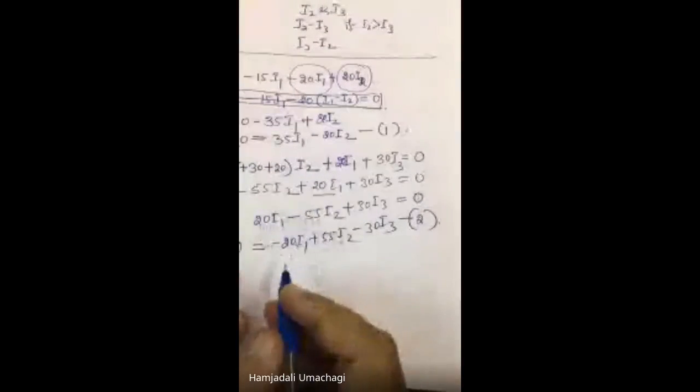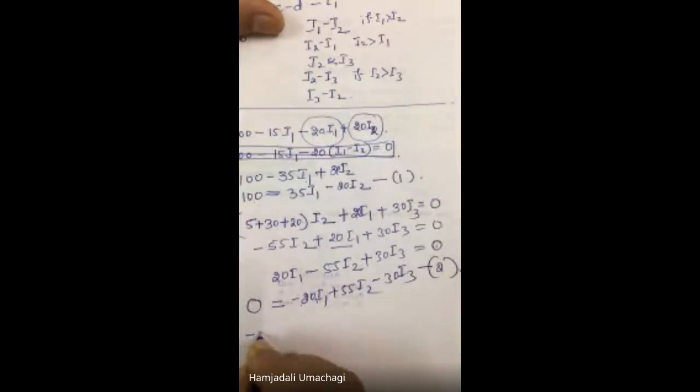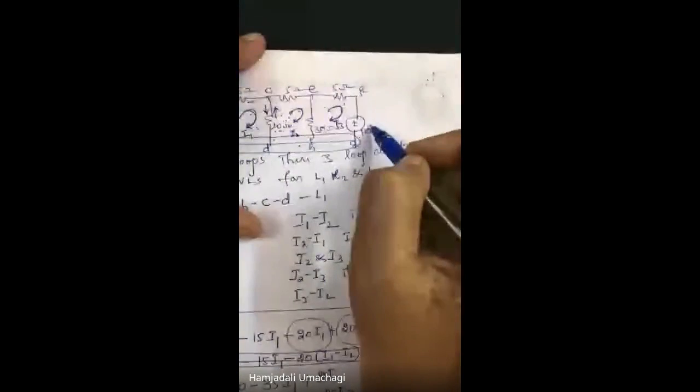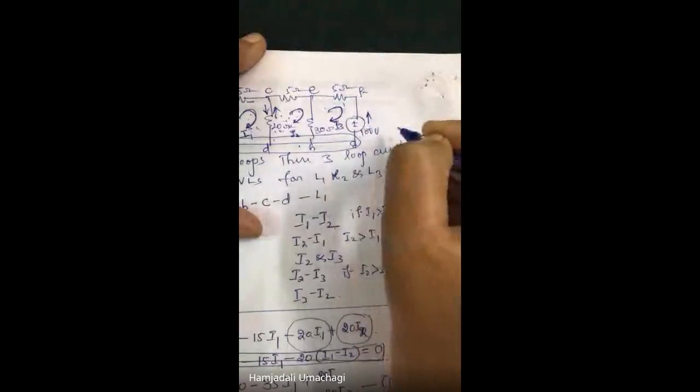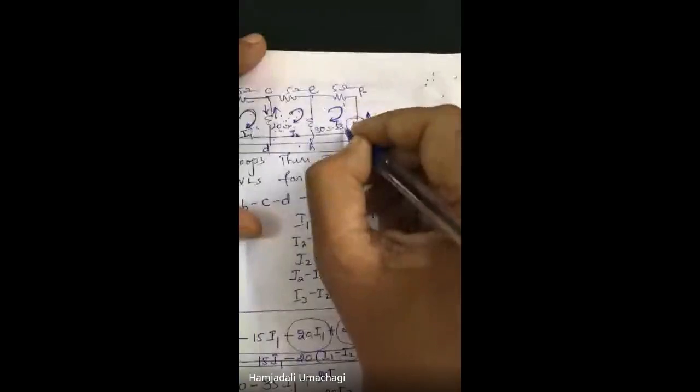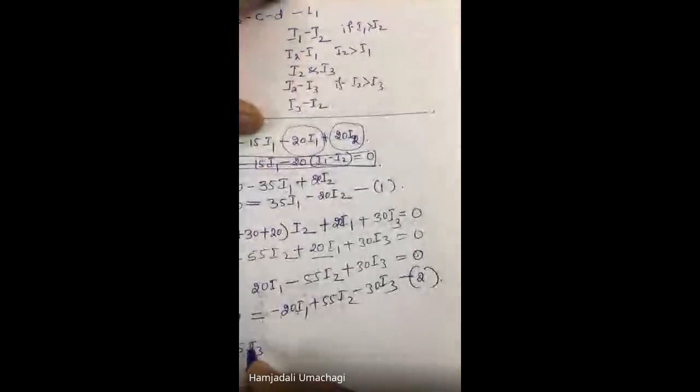Next, third loop equation. I am moving from point E. That is minus 5 I3. What must be the polarity for the 100 volt? This is delivering a current, driving a current in this direction. Then what will it be?